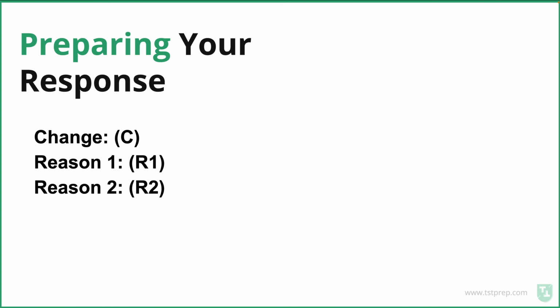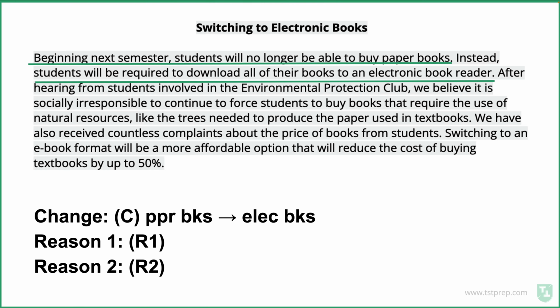Okay? So that's what it looks like, something like that. And the first sentence says, beginning next semester, students will no longer be able to buy paper books. Instead, students will be required to download all of their books to an electronic book reader. So what I write is PPR, that's paper books, and it's going to change to electronic books. That's the most important thing.